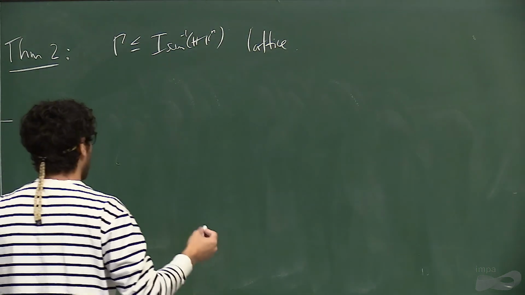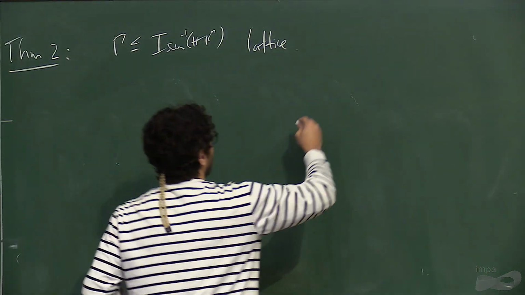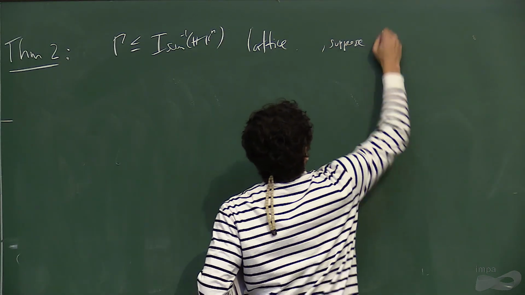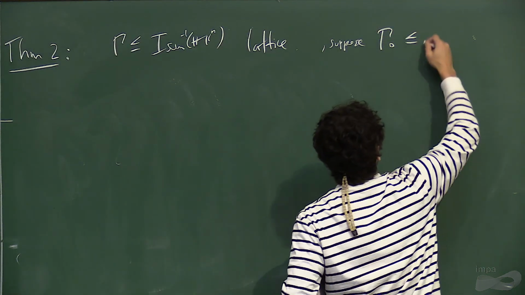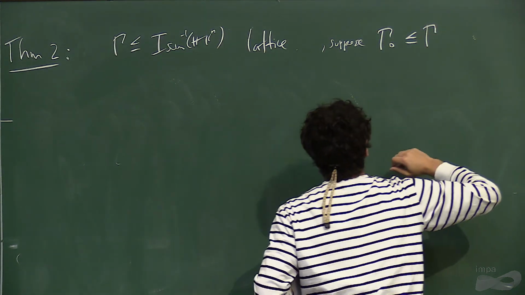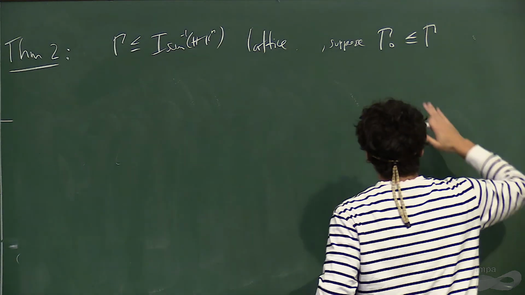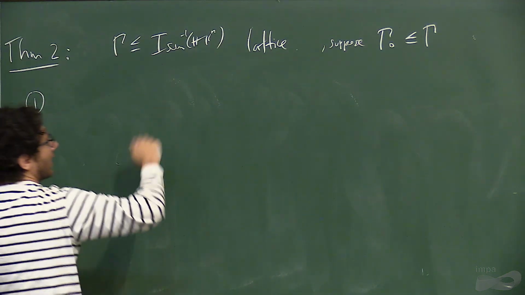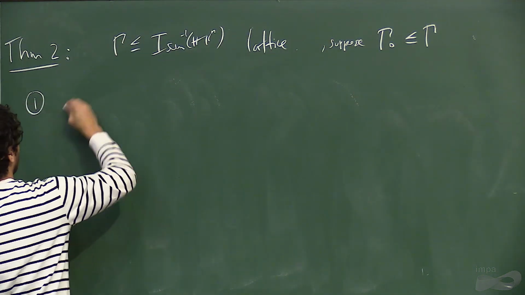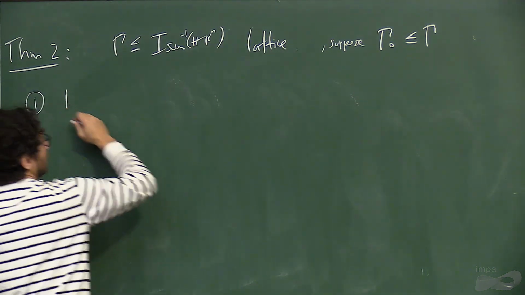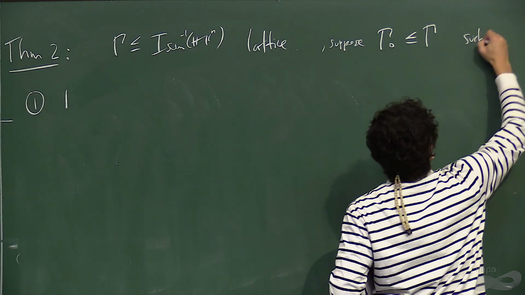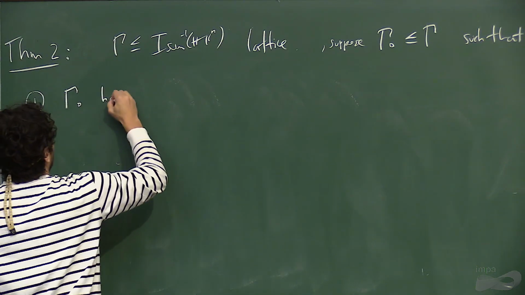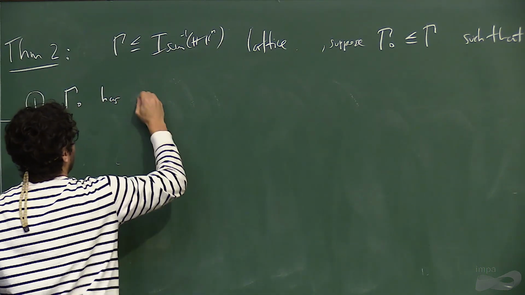Suppose gamma 0 is some subgroup of gamma, such that gamma 0 has algebraic or integral traces.